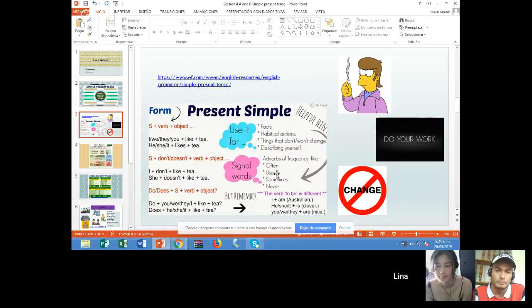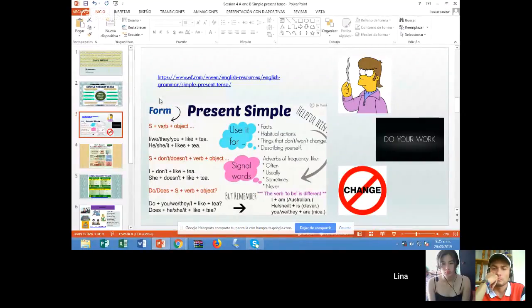Okay. So we add the adverb plus the verb plus the object. We use don't or doesn't, depends of the person. If it's third person, we use doesn't. Okay? The same here. Does or do. The same thing. Okay?